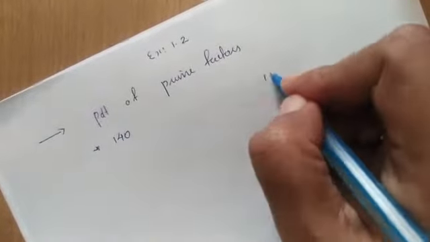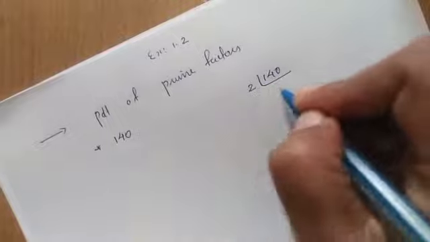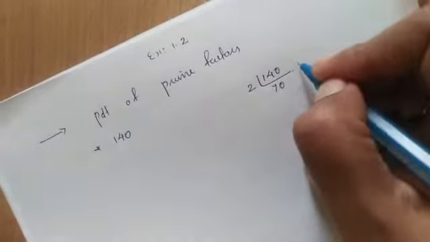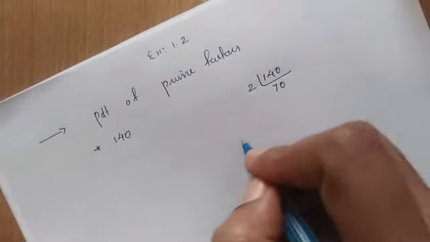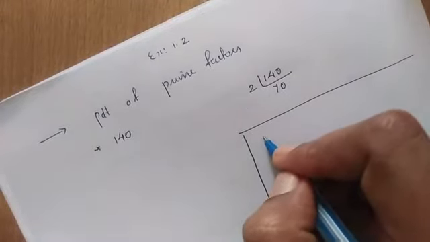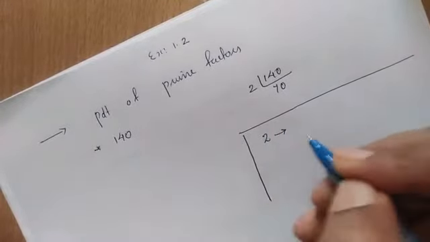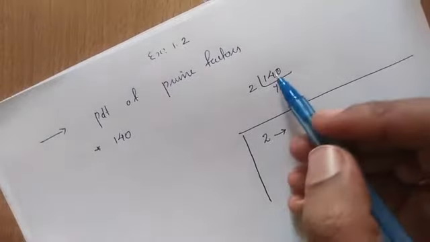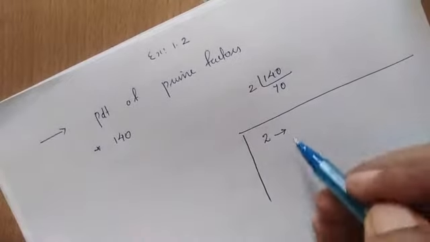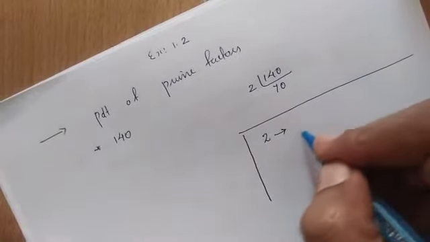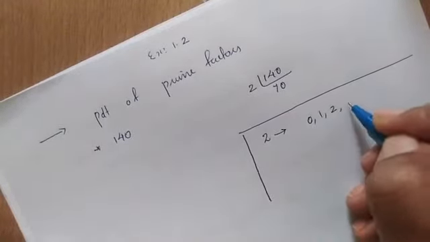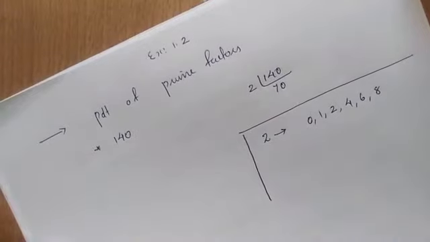We can factorize 140 following this method. How can we identify whether a number has a given factor? I am giving a subdivision. First, 2 becomes a factor of a number if the last digit is 0, 1, 2, 4, 6, 8.